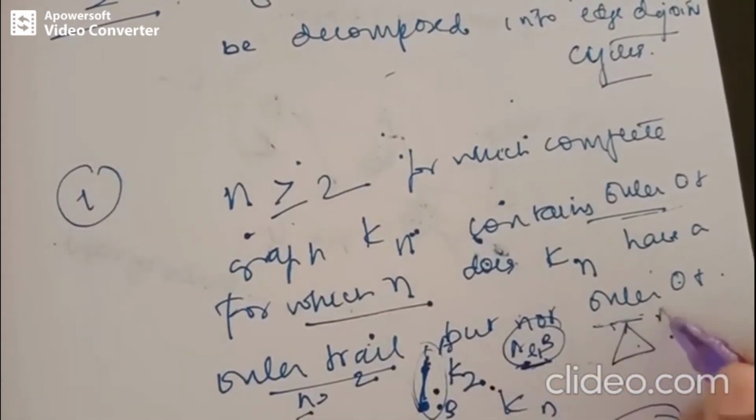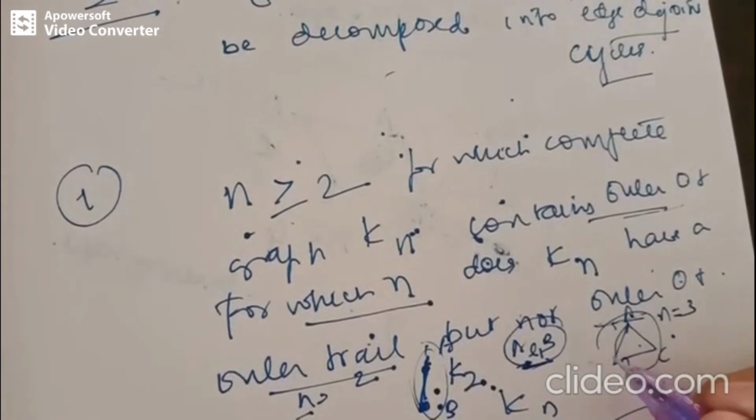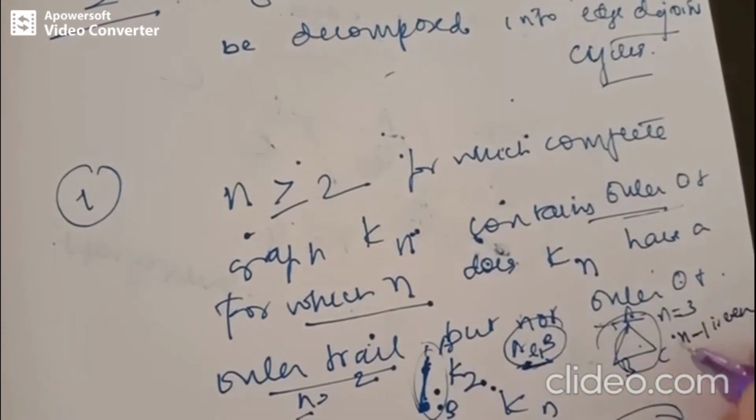What if we take n equal to 3 or more than 3? We can observe that it is a closed walk, and it is nothing but a Euler circuit, right? And this happens to be a Euler circuit only if n minus 1 is even. That means here how many vertices are there? 3.